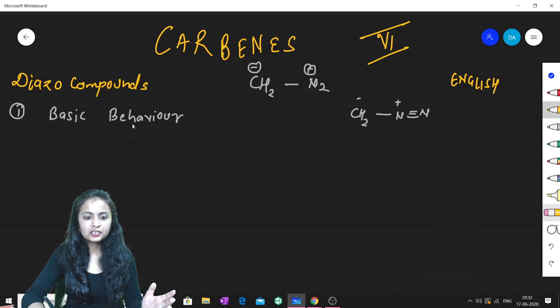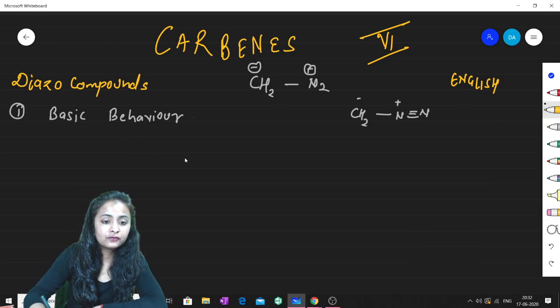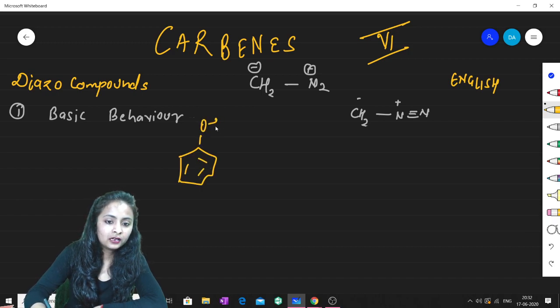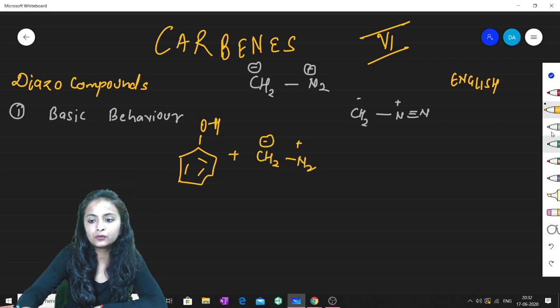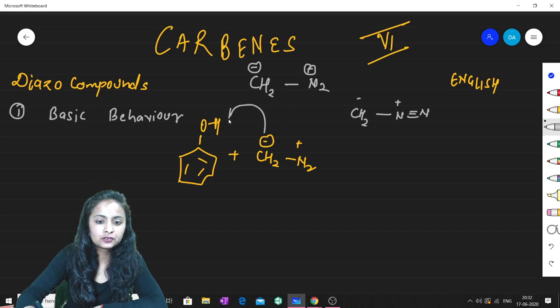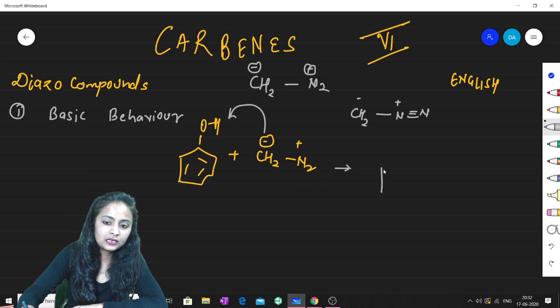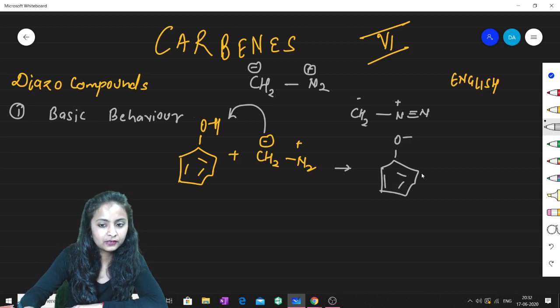Now the next point: if I write phenol, and this phenol is treated with diazomethane, basically this negative charge will abstract this proton and ultimately form O minus, and CH3N2 positive is generated just like in the previous case.